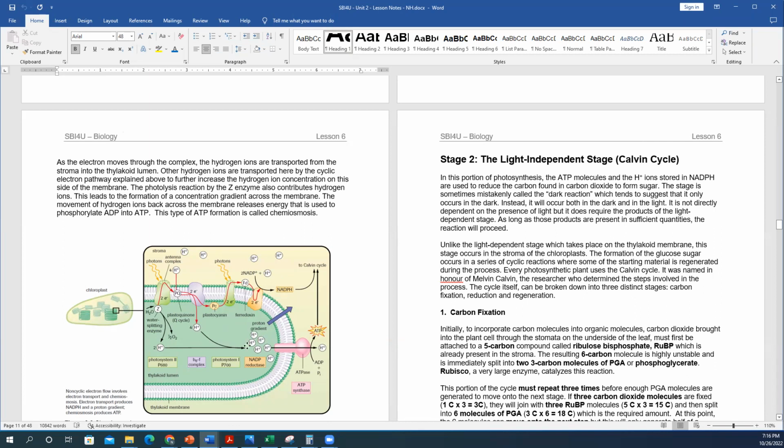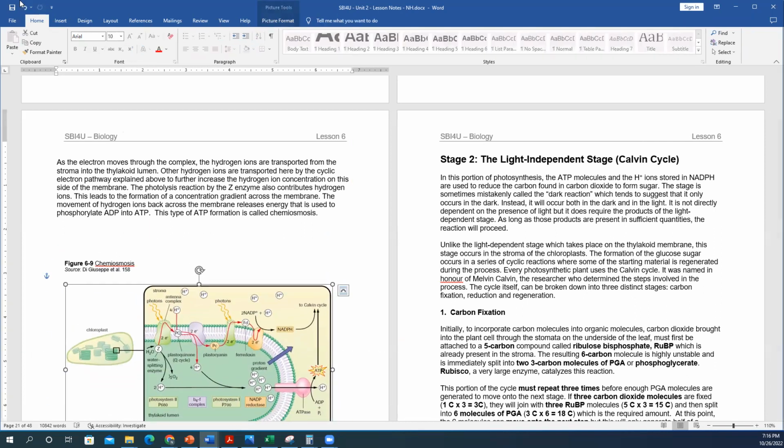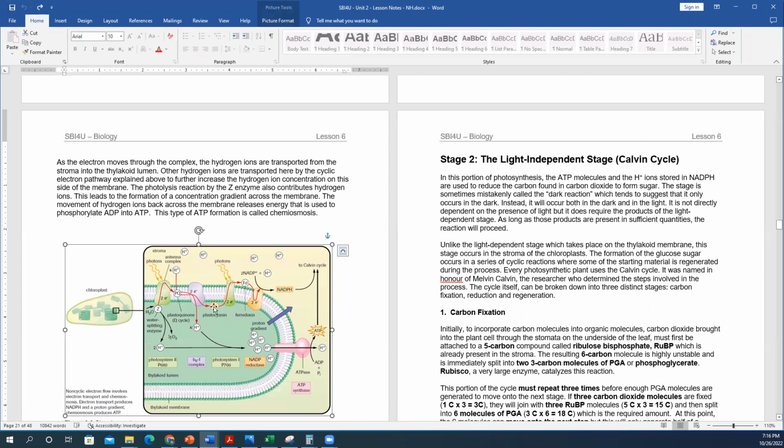And as a result, these hydrogens that are brought in to the thylakoid lumen, now you have a concentration gradient for these hydrogen ions, or a proton gradient.